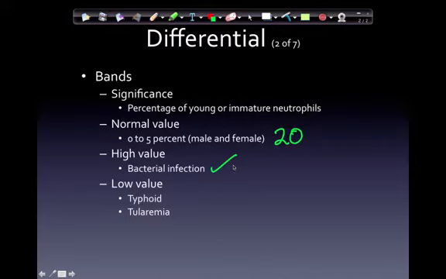A bacterial infection, there's a good chance a bacterial infection got you there. So the infection has beat up your immune system so much from stressing it that very simply you cannot get white blood cells out fast enough. So you're kicking them out immature. Low values would be things like typhoid and tularemia.